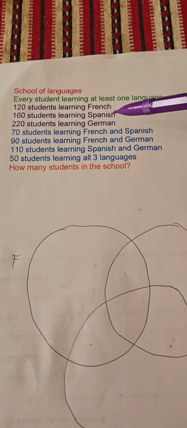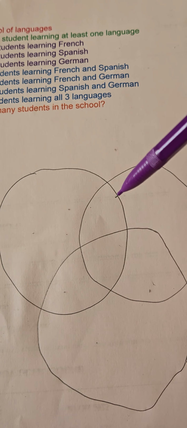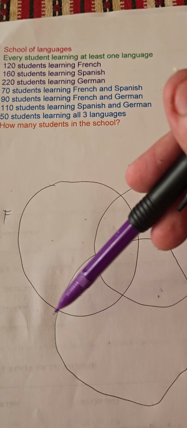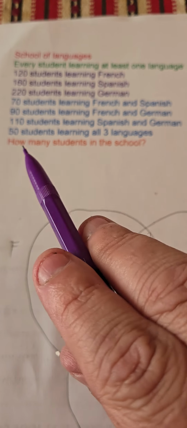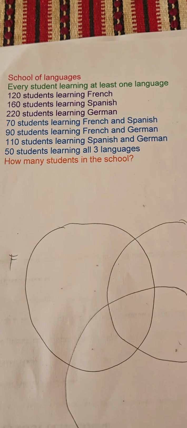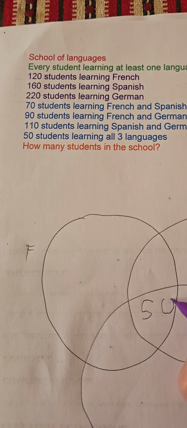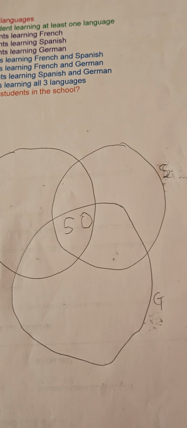Because if I start off with French is 120, we don't know how many are learning Spanish or German or all three, so it's not easy to know which numbers to put in where. But if I go backwards, 50 students are learning all three languages. 110 are learning Spanish and German.